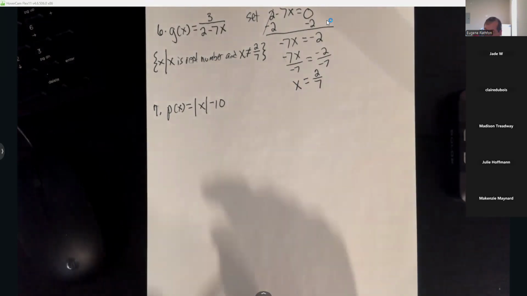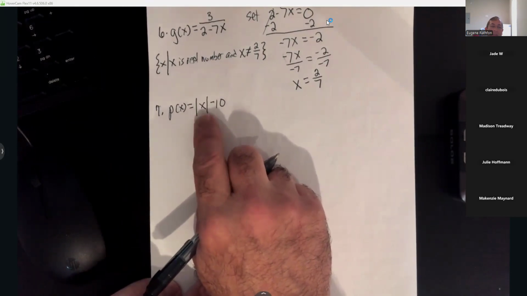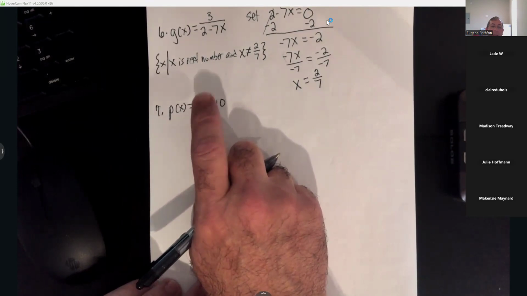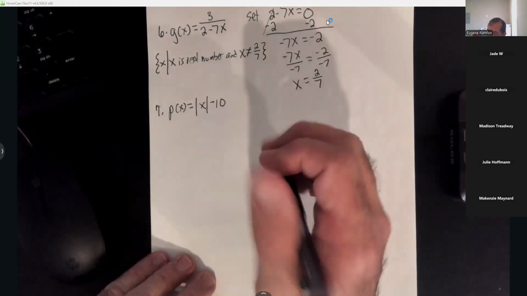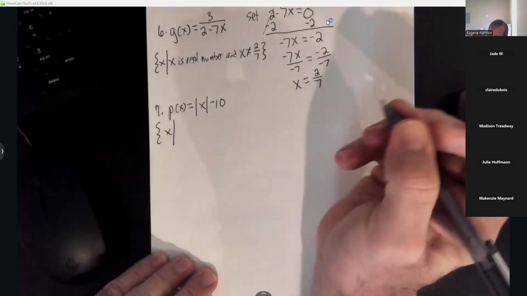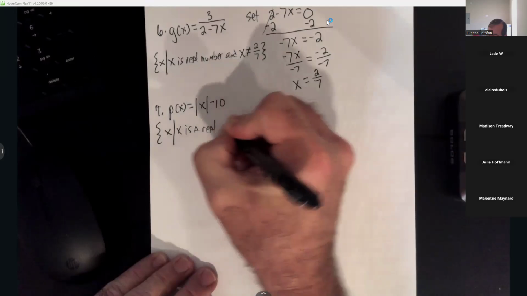Claire, what you got? Real numbers, perfect. I got absolute value, but I do not have a fraction. So that means any number you give me for x, I can put into that, take the absolute value, and subtract 10, so there's no restrictions. So x such that x is a real number.